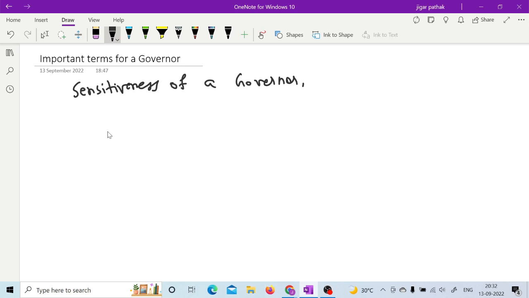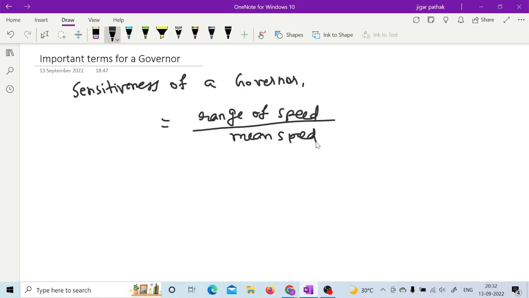in your speed, right? So it is mathematically given by the range of speed for which your governor is designed upon the mean speed. The range of speed may be given by n max minus n mean, or n2 minus n1, upon the mean speed N, where the mean speed is (n1 plus n2) by 2.